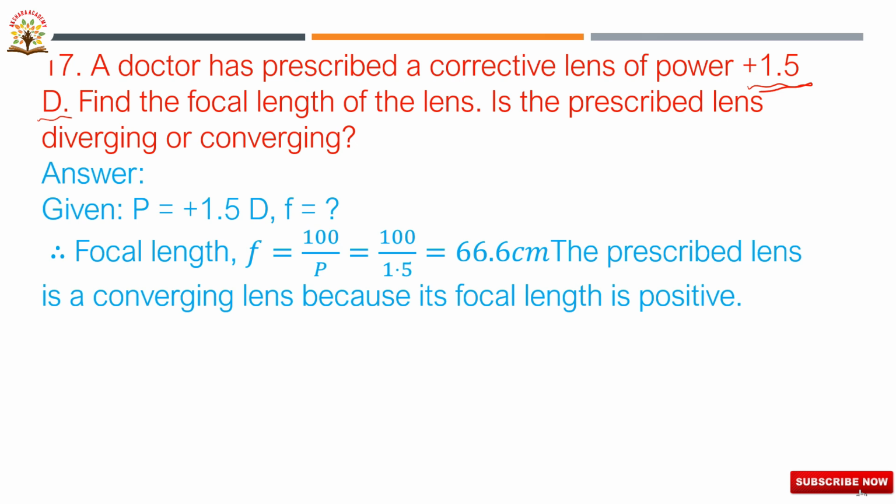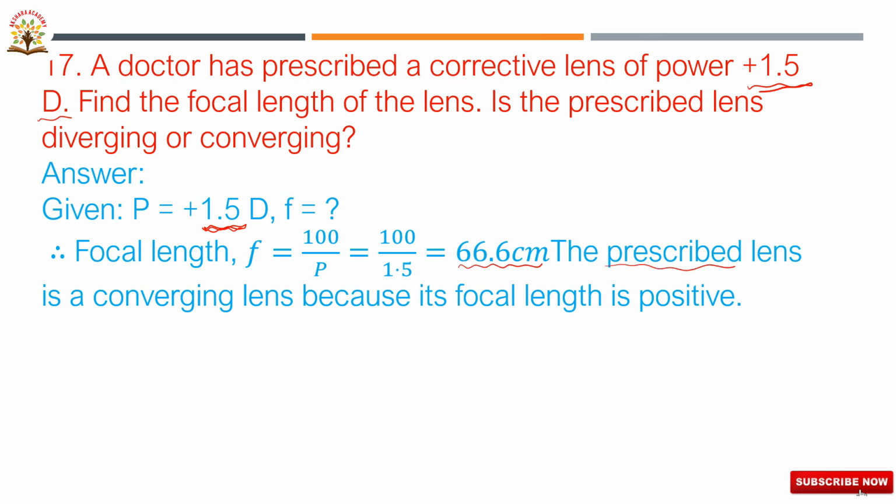P is given as plus 1.5 diopter. f is equal to question mark, we have to calculate. Focal length is equal to 100 by P. P is the reciprocal of focal length, so focal length is the reciprocal of power. So 100 by P, 100 by 1.5, as P is given as 1.5 diopter. In terms of centimeter it is 100 by P, in terms of meter it is 1 by P. So 100 by 1.5 is equal to 66.6 centimeters.